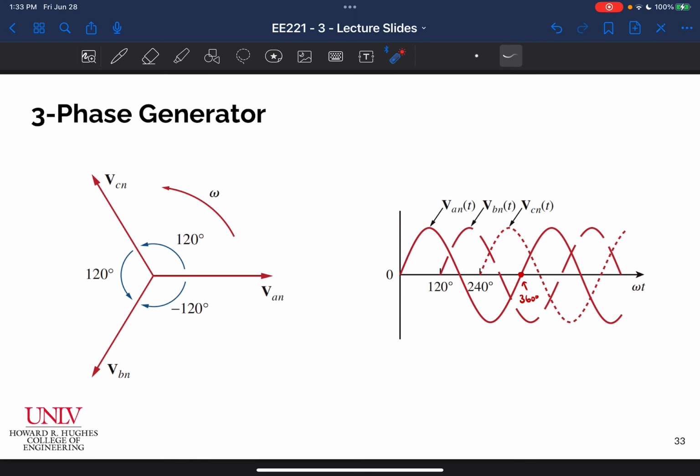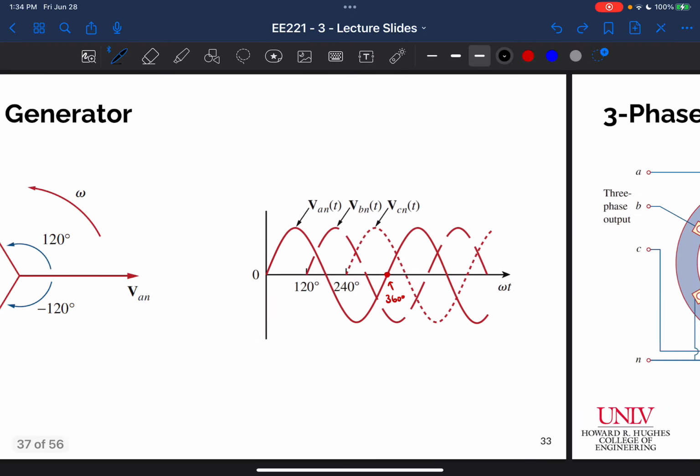If we were to trace the Y value of this VCN signal, we would get this sinusoid. And if we were to trace the Y value of VBN, we would get this sinusoid. And so that's just the phasor representation of how we can view this plot in terms of omega t, and how we can translate that over to a rotating vector, which we've seen in the past, okay?